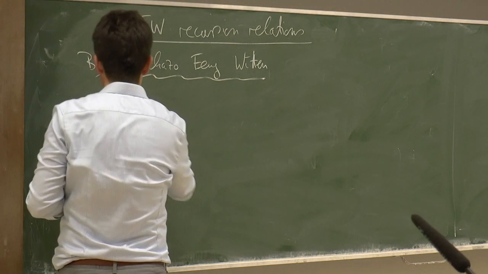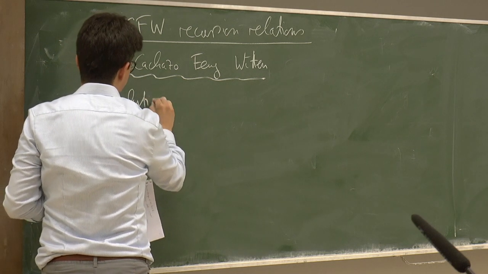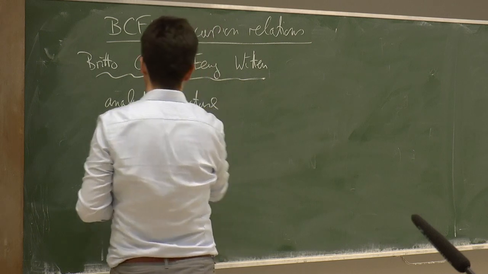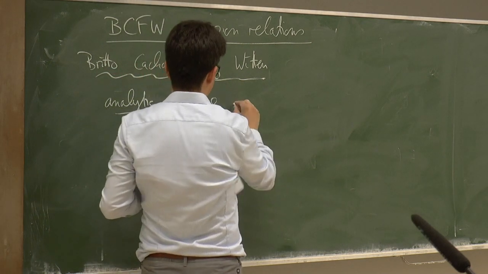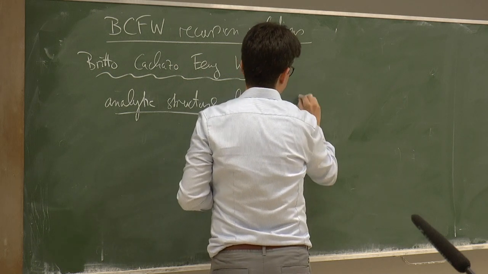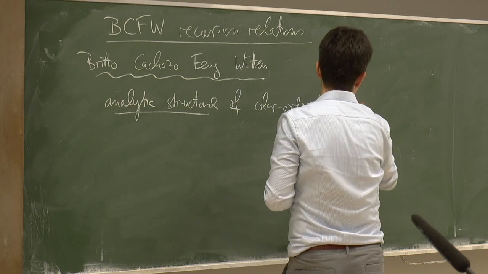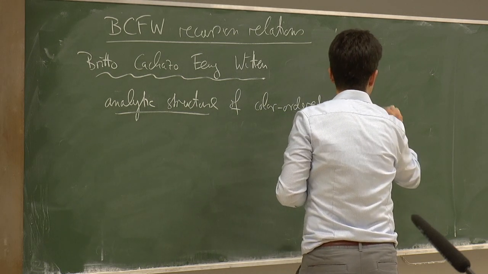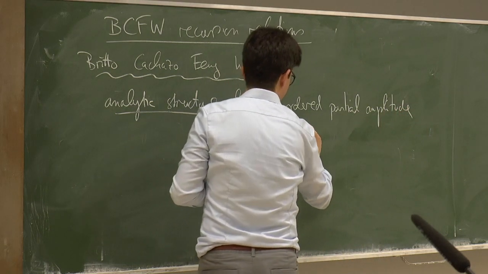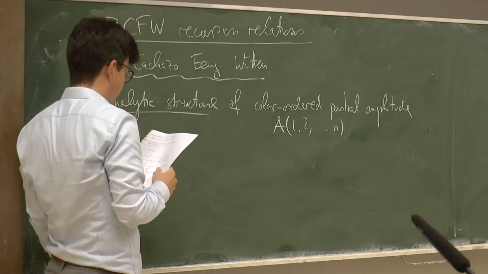So the first important point is to think about the analytic structure of the amplitudes, and particularly of the color-ordered partial amplitudes. So just take the particles in the natural ordering.